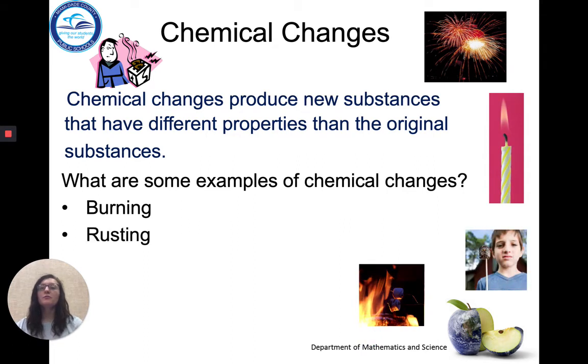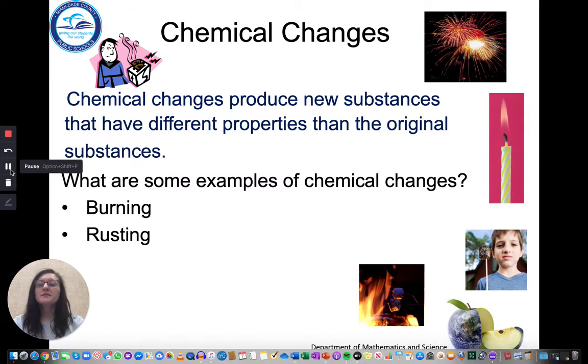So also rusting. Rusting is when something is left outside and it is exposed to the rain and wind and other elements.